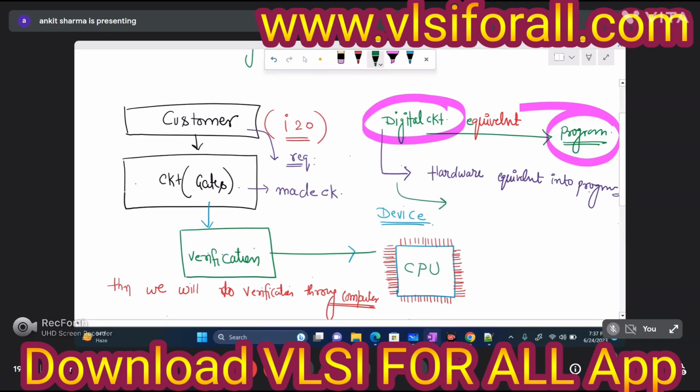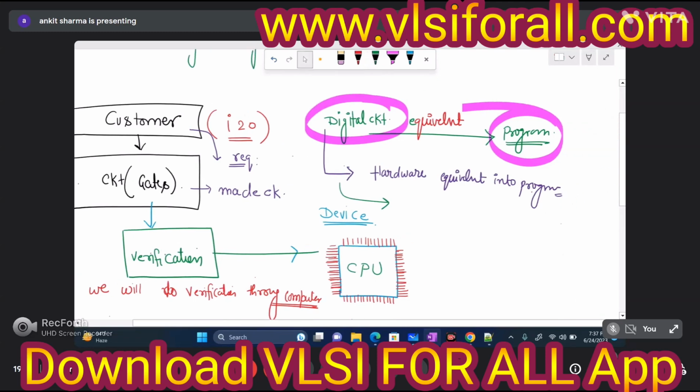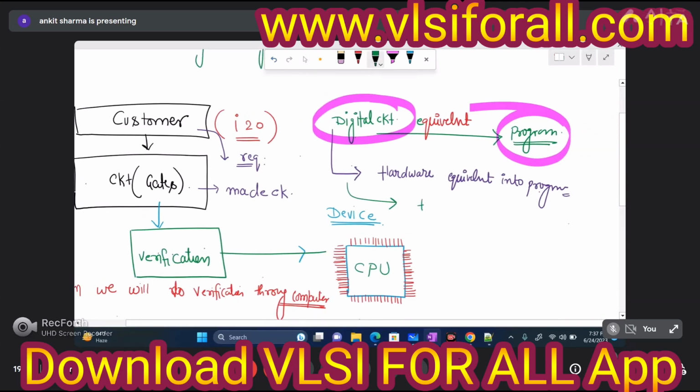But I can write one more statement here, or I can say what is my requirement: how can I describe a hardware in a program?